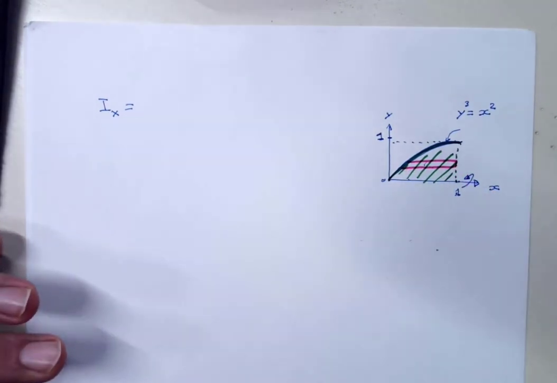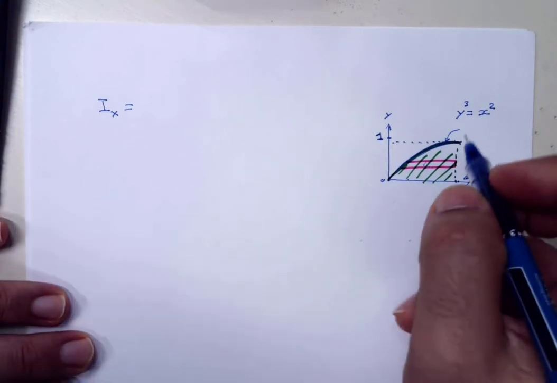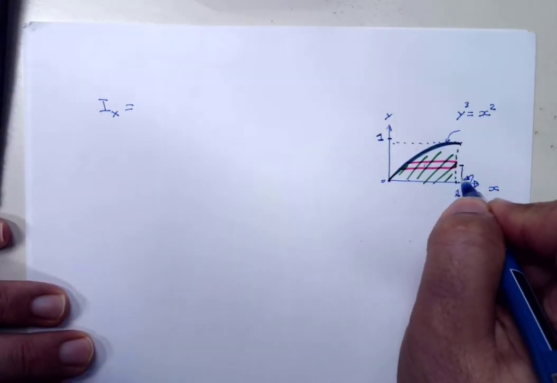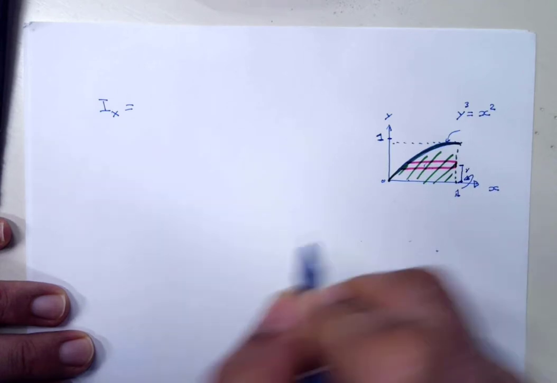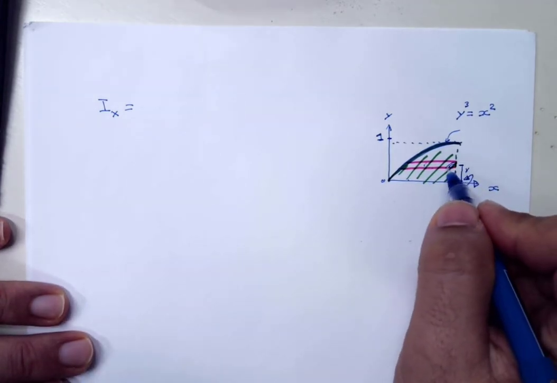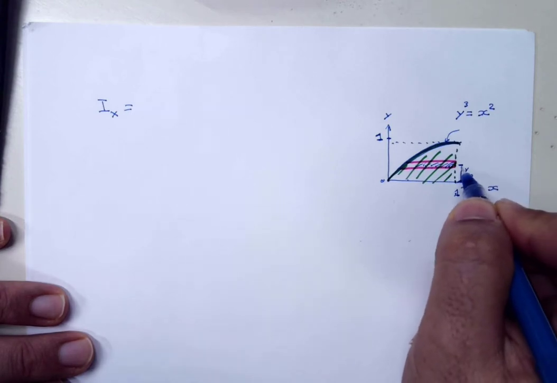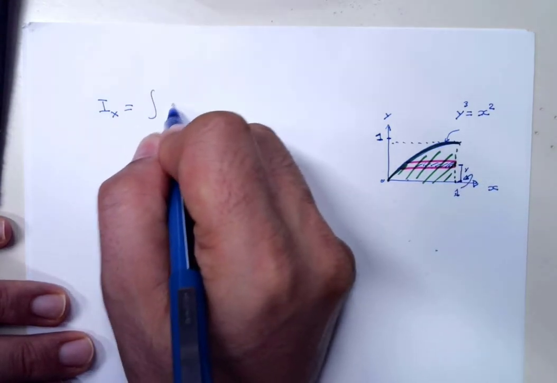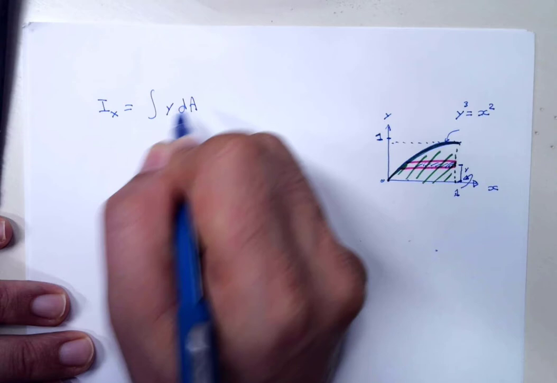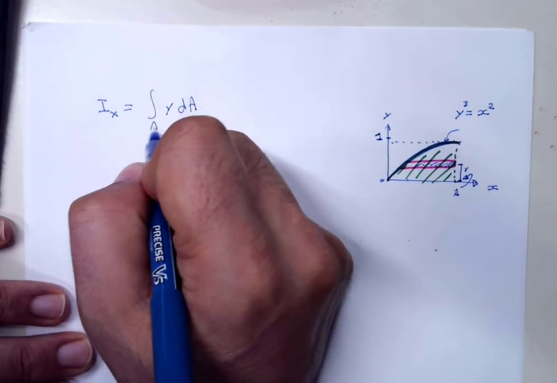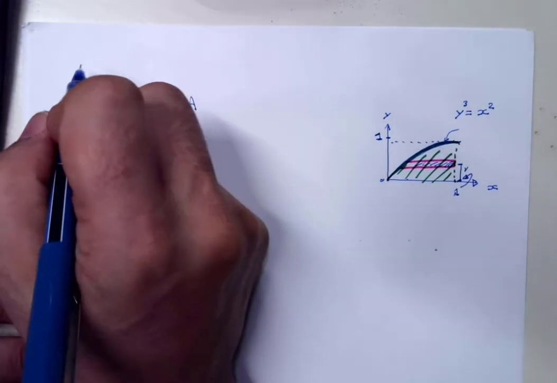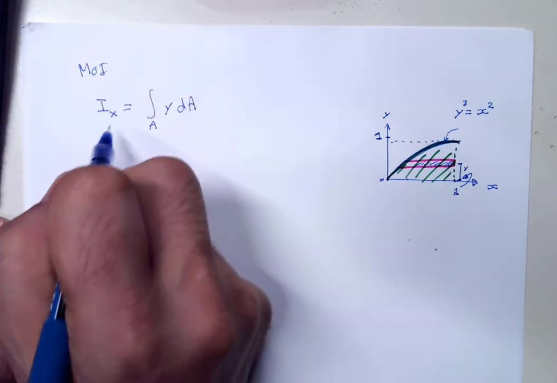This finite element, this is our y, defines the moment of this fragment about the x-axis, which is displaced by y. So that's the definition of the moment of inertia about the x-axis.